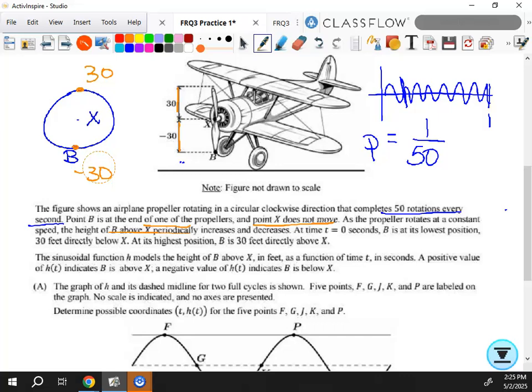At time t equals 0 seconds, B is at its lowest position. Well, this would be its lowest position, right? So that would be 0, negative 30. At its highest position, it's 30 feet directly above, but we don't know a time for that, and that's okay. The sinusoidal function h is given. So take that information that we came up with. First, let's just get our y values on here. You can write on this, but I put what you would see in your answer booklet over to the right.